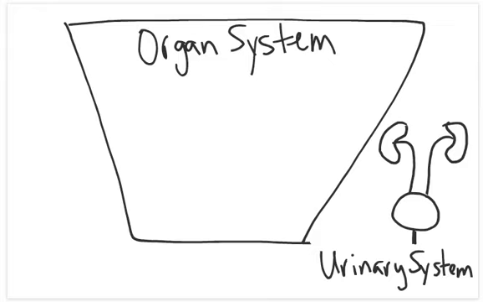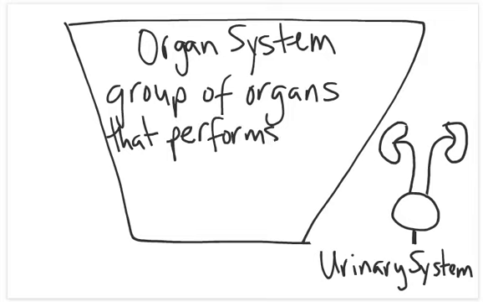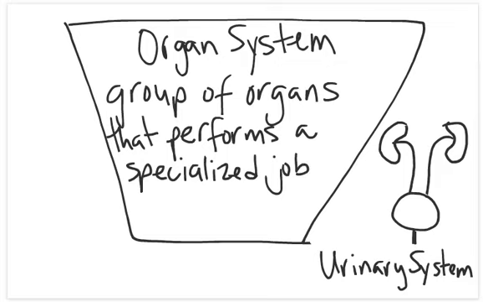And an organ system then is just a group of organs that performs a specialized job in the body.